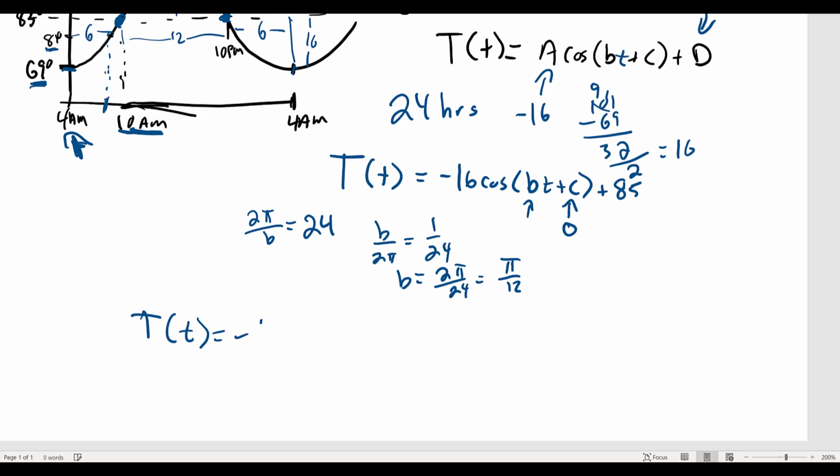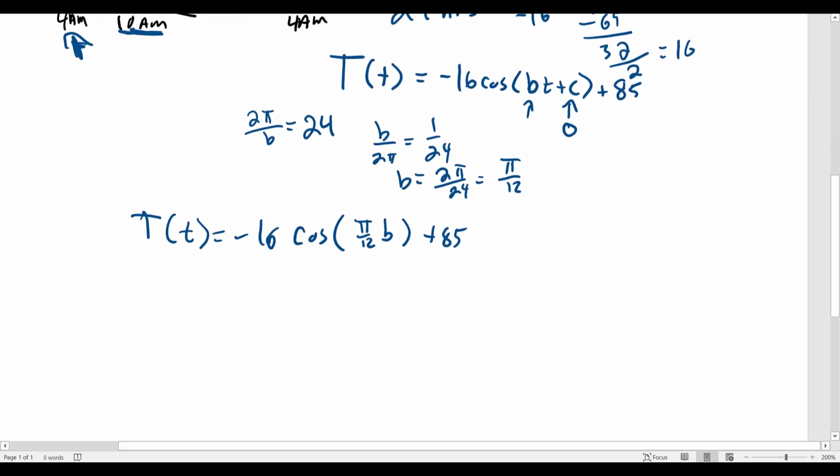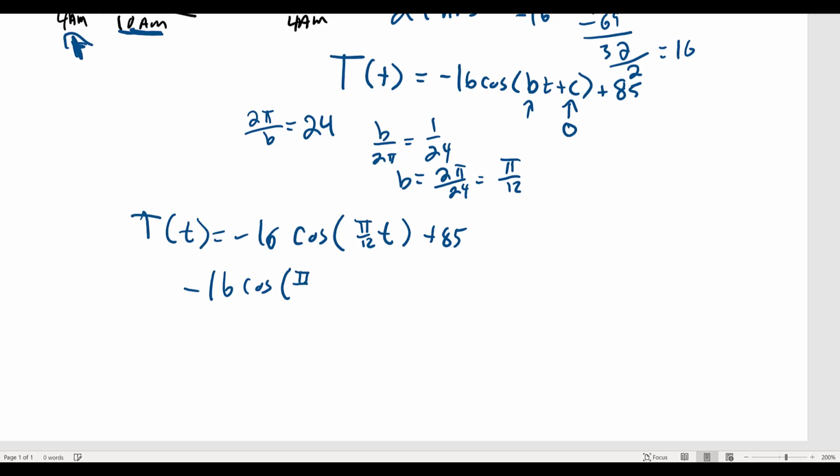T of little t is negative 16 times cosine of pi over 12 times t, plus the 85. So let's go from here now. We want to know when it's going to be 81. Okay, so we're going to have negative 16 cosine of pi over 12 times t plus 85 equals 81.